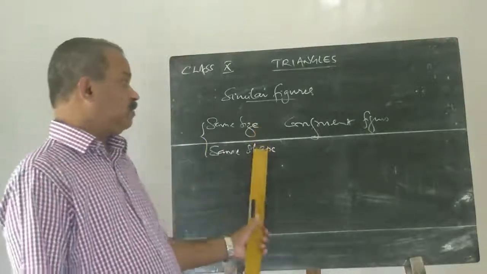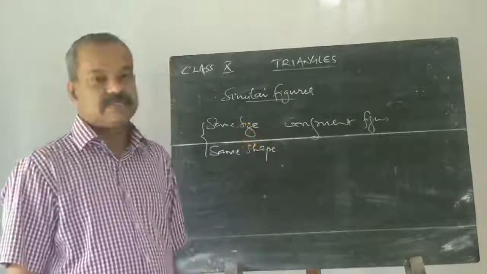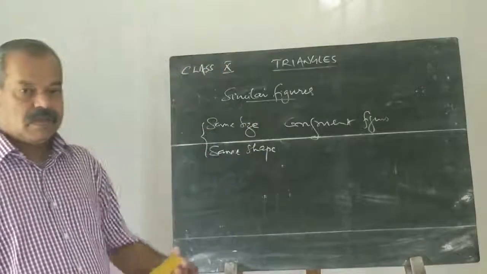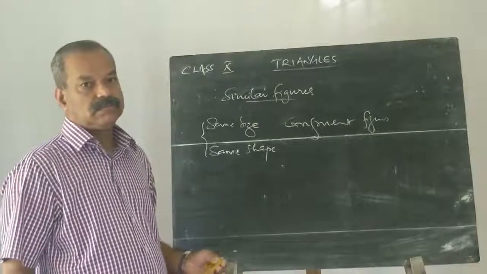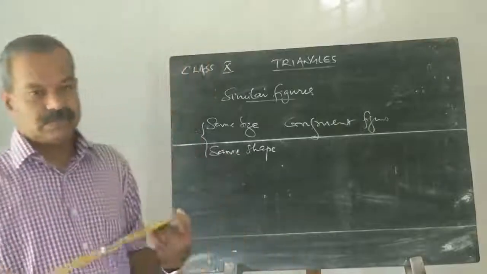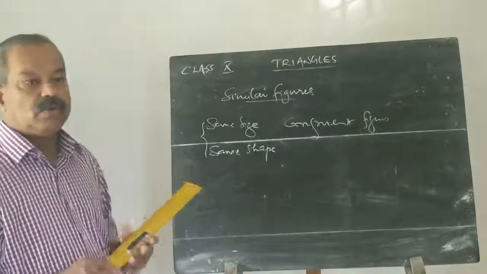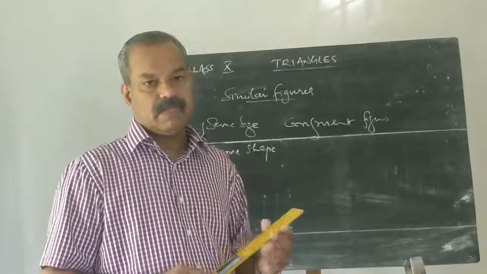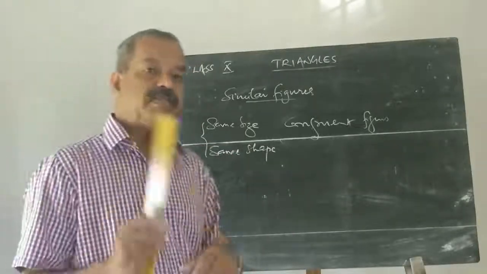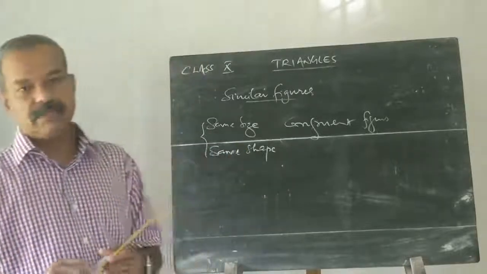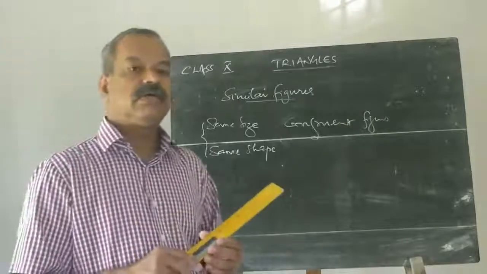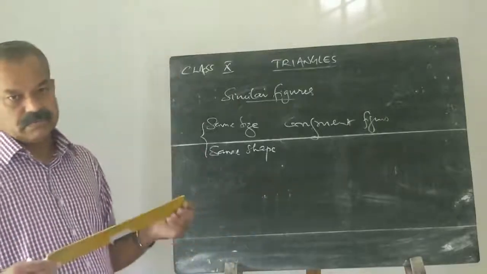In congruent figures, the number of sides and the length of the sides are equal, and the corresponding angles are also equal. For example, consider two equilateral triangles with sides of the same length, 5 cm, 5 cm. Such two equilateral triangles are congruent triangles.